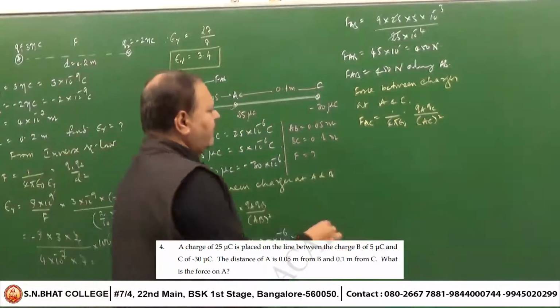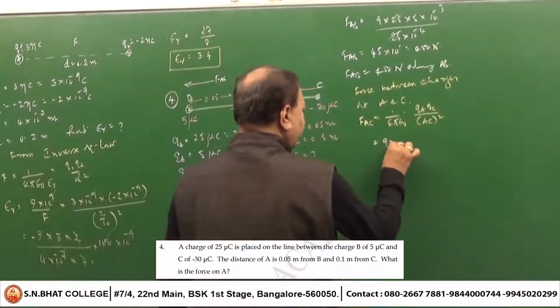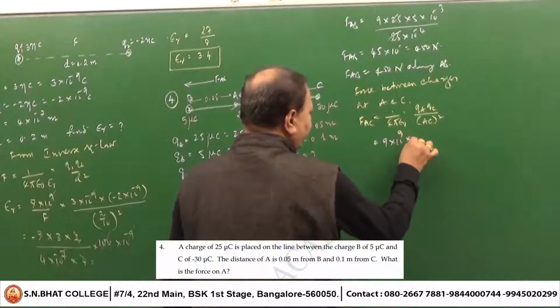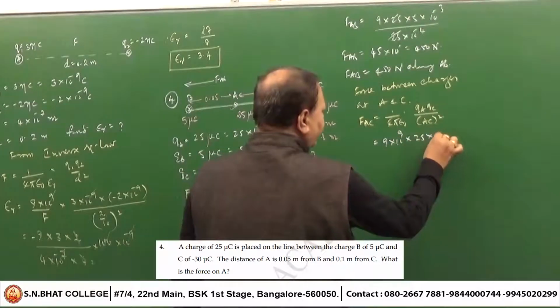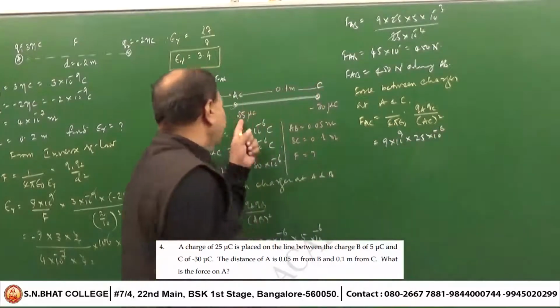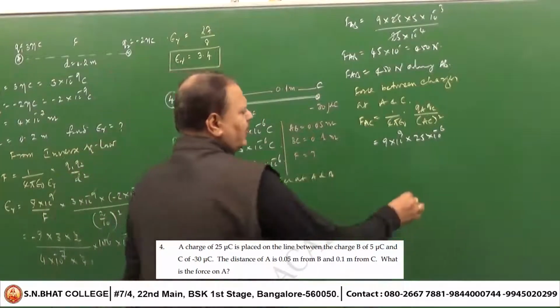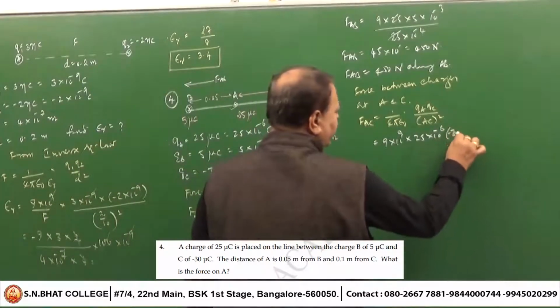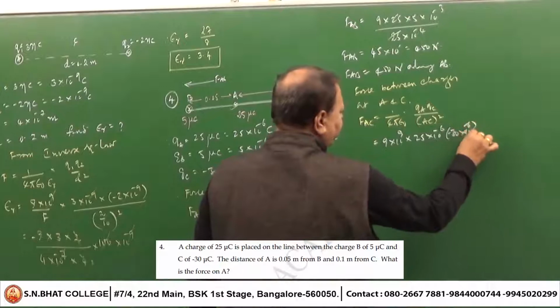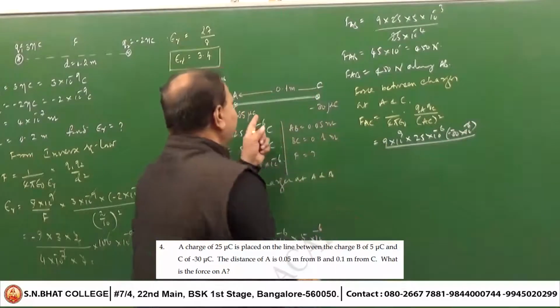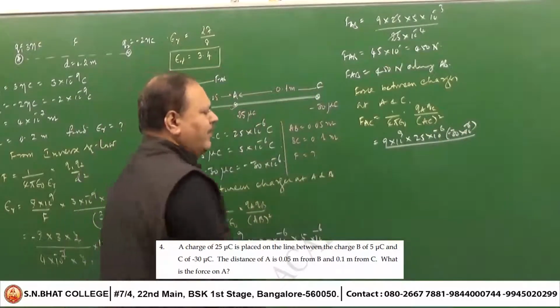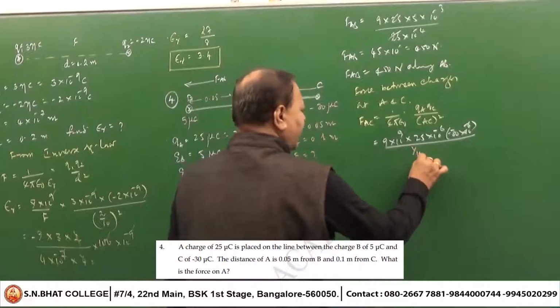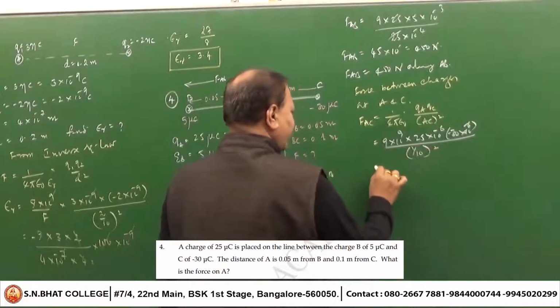So you substitute: 9 into 10 to the power of 9, 25 into 10 to the power of minus 6, and this value is minus 30 into 10 to the power of minus 6, whole divided by 0.1 whole square. For your calculation you can read 0.1 as 1 by 10.